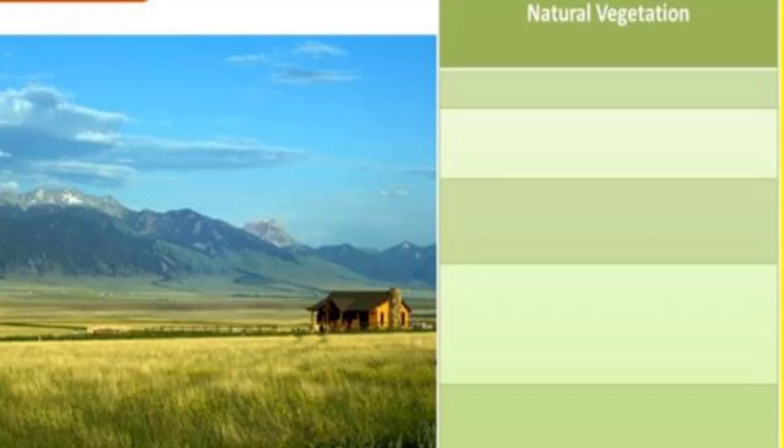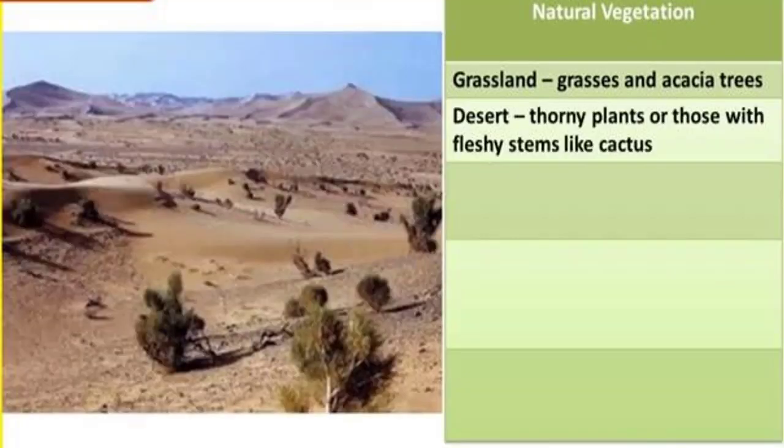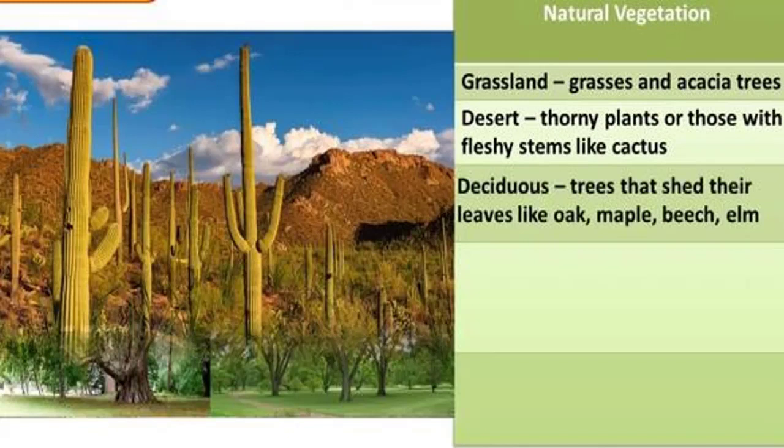Natural vegetation. Grassland: grasses and acacia tree. Desert: thorny plants or those with fleshy stems like cactus. Deciduous: trees that shed their leaves like oak, maple, beech, elm.